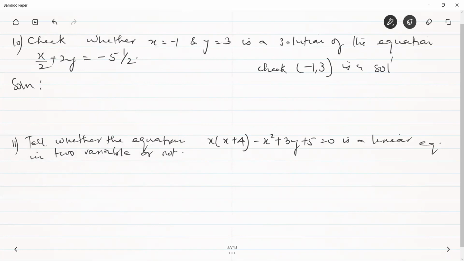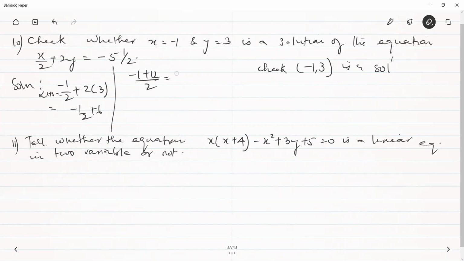Okay. Now what can I put? Minus 1 by 2 plus 2 into 3 in LHS. Now suppose I have to take this as LHS. So minus 1 by 2 plus 6 will give you minus 1 plus 12 by 2, which is 11 by 2. What is 11 by 2? 5 1 by 2, but it is not minus 5 1 by 2, so it is not equal to RHS.